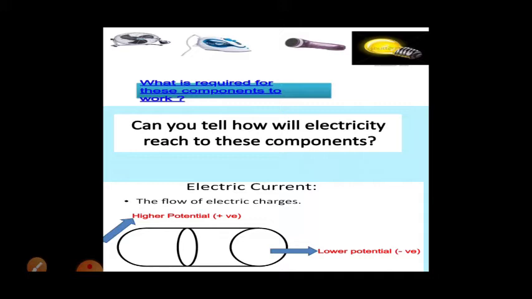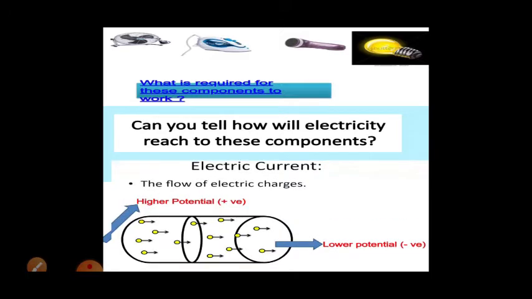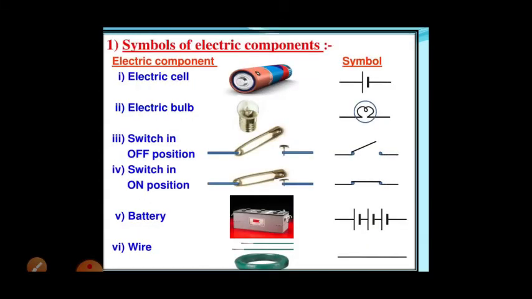Charge is nothing but the flow of electrons, and when the circuit is complete, this electric charge will start flowing and give electricity to the electronic equipment. Like this it will move.